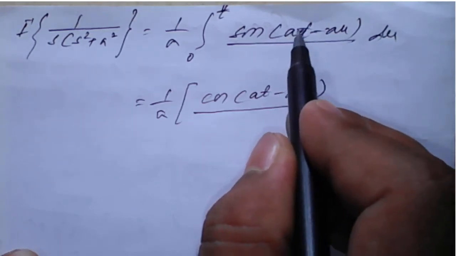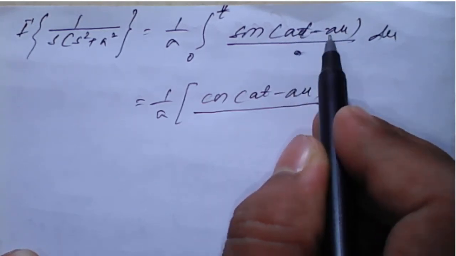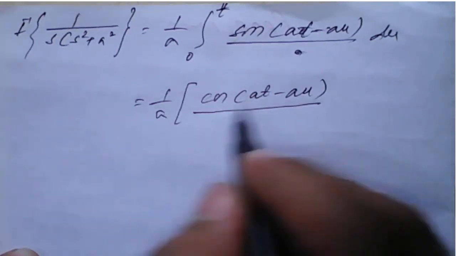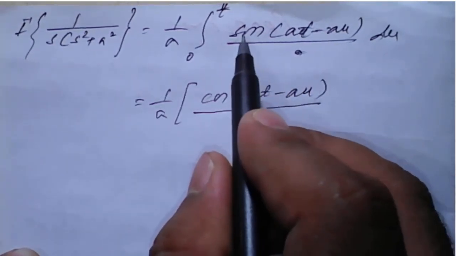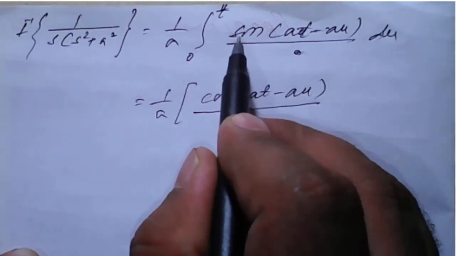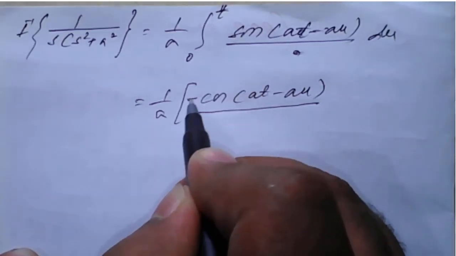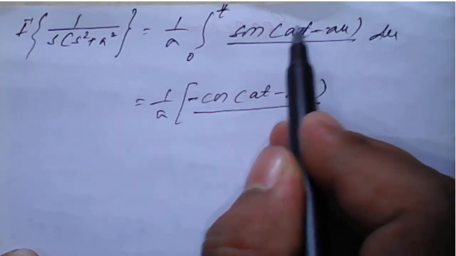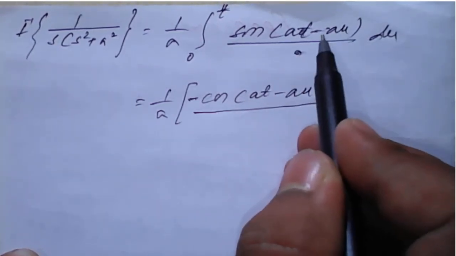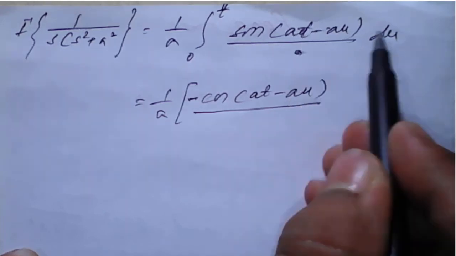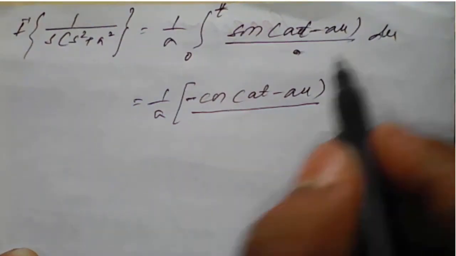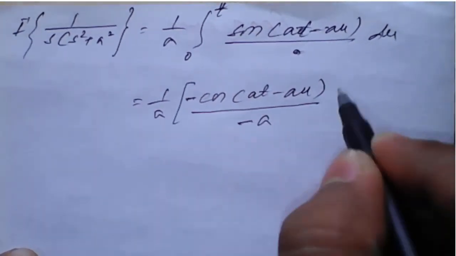Sorry, integration of sine is minus cos of at minus au divided by the differentiation of at minus au. At is constant with respect to u, so its derivative is 0, and minus au with respect to u is minus a.